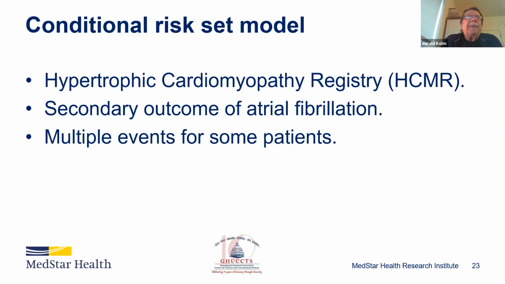I'm going to use an example here from the data that I used last time, from the HCMR data. We looked at the outcome of atrial fibrillation, and last time I just used it as an example of logistic regression. I ignored the time factor, but obviously from the entry into the study there would be time to the AFib event. And of course, in this case, we have multiple events for some of the patients.